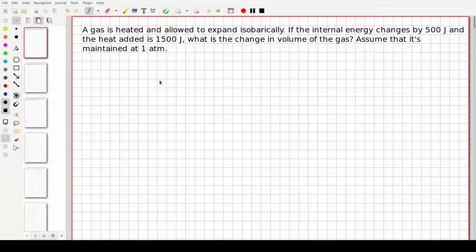In the first video, we spent some time talking about the first law of thermodynamics, and we talked about the different ways that gases can experience a change in state. Remember, the terminology that we're using when we talk about a change in state refers to going from one set of pressure, volume, temperature, and number of moles to another set.